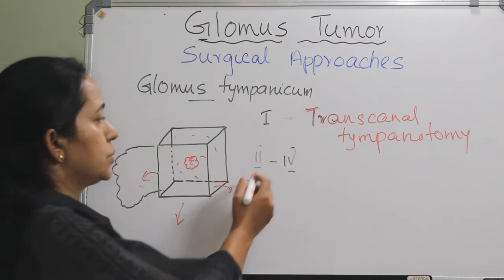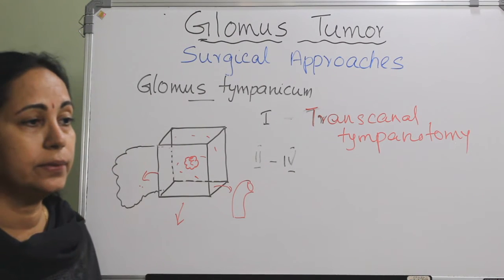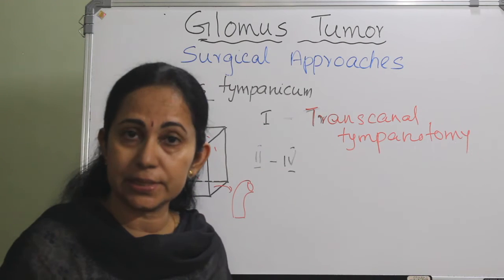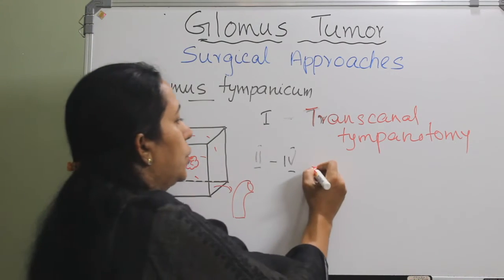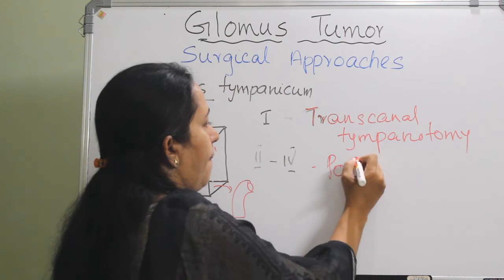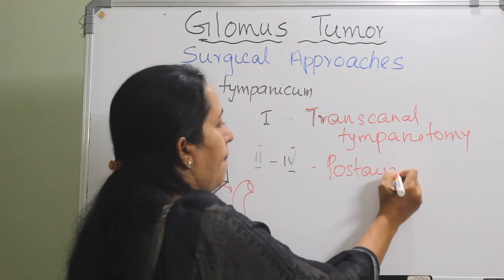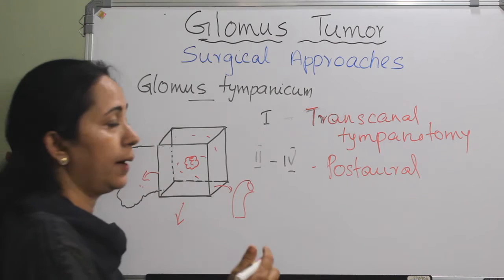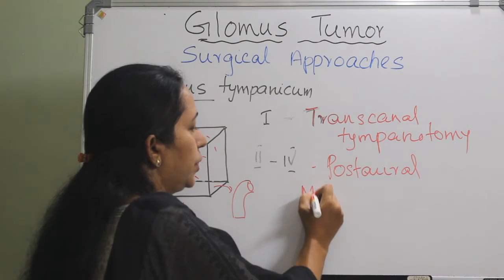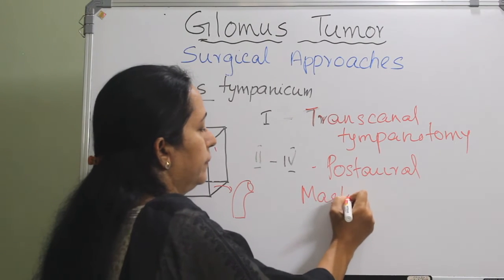In that case, that is types 2 to 4, we need a very good visualization of the mass. So it is always better to go with a post-aural approach, then a complete mastoidectomy.